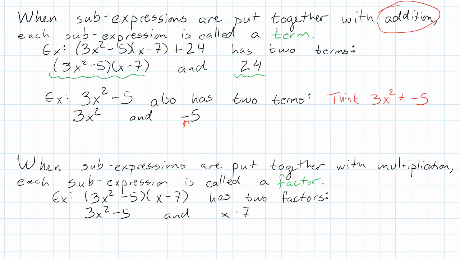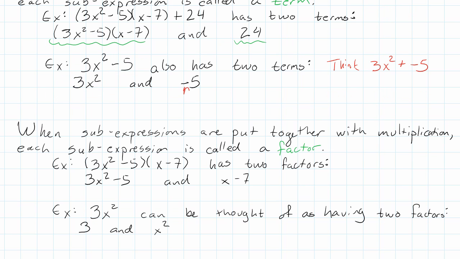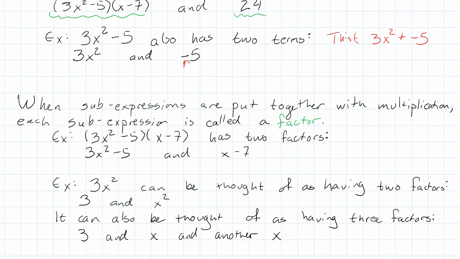If we look at just the term 3x squared, we can think of that as having two factors, namely 3 and x squared. Or, notice that x squared is x times x, namely 3 and x and another x.